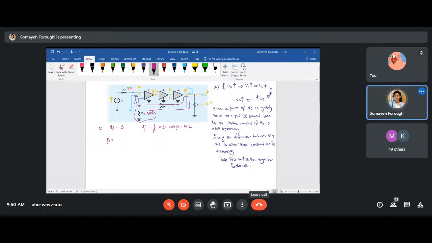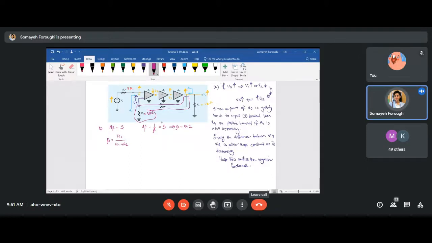This I'm talking about. So if you want to find beta here, beta is the feedback loop gain. So what is it? Beta is the division between R1 and R2, so it will be R1 over R1 plus R2, because R1 and R2 are in series connection, and R1 is connected to the voltage at the positive terminal of A1.